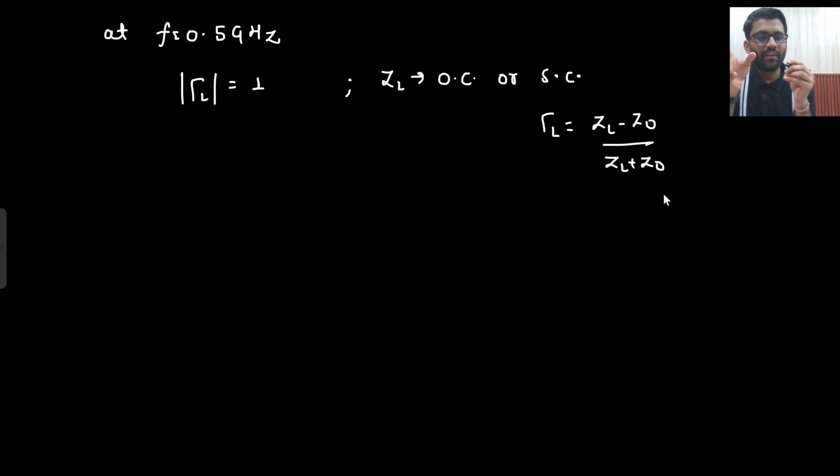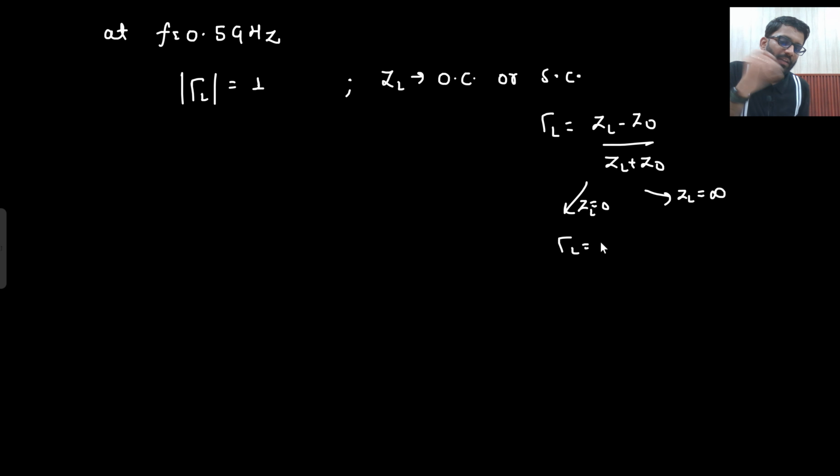And if ZL is infinity, then gamma L will be 1, or mode of gamma L will be 1. Right? So in both of the cases, when ZL is equal to 0 and ZL is equal to infinity, mode of gamma L will be equal to 1. Here also mode of gamma L will be equal to 1.